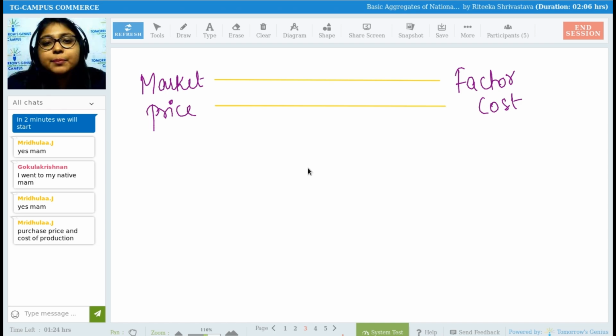Fine. Market price is the price at which the goods and services are being sold. Factor cost is the total expense which has been incurred by the seller to produce or manufacture the product. See, now if you have ever ordered food from Zomato, or if at all you have gone to a restaurant, best example is Zomato.